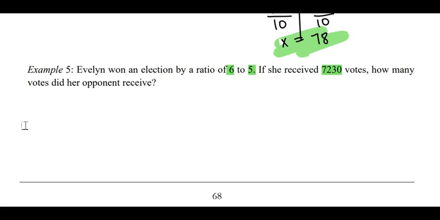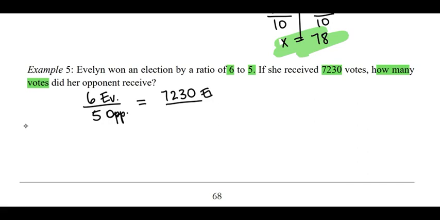And then I don't know how many votes her opponent received. All right. So let's go ahead and set up the ratio. Remember, she won the election. So 6 would be Evelyn, and 5 would be her opponent. She received 7,230 votes, Evelyn, and an X for opponent.